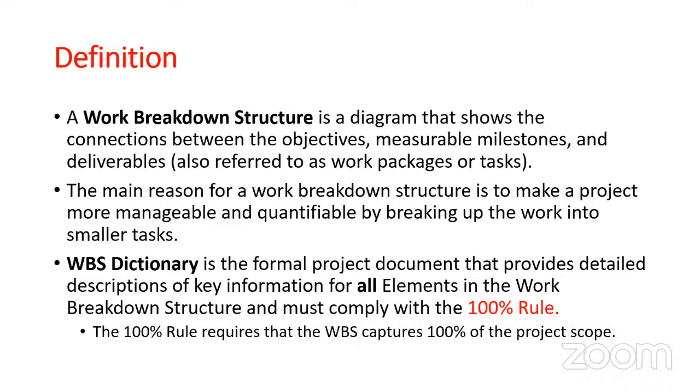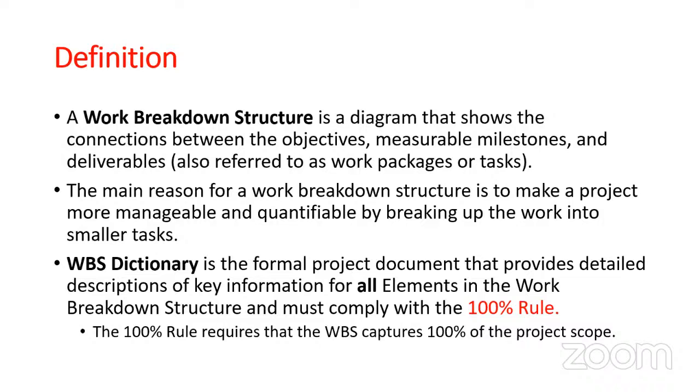Now we have what we call the work breakdown structure dictionary, which is the formal project document that provides detailed descriptions of key information for all elements in the work breakdown structure and must comply with the 100% rule. The 100% rule is for you to provide the absolute information that each of those breakdowns, each of those tasks, each of those phases, each of those milestones need to have.